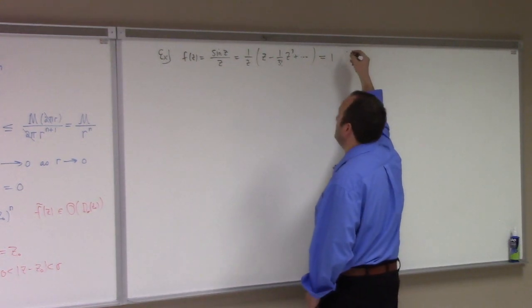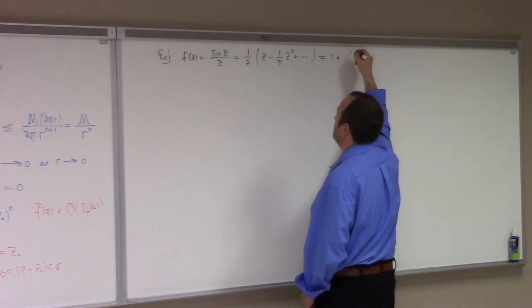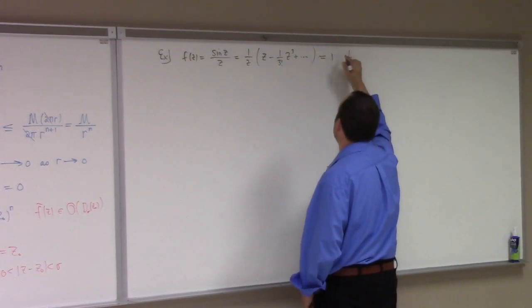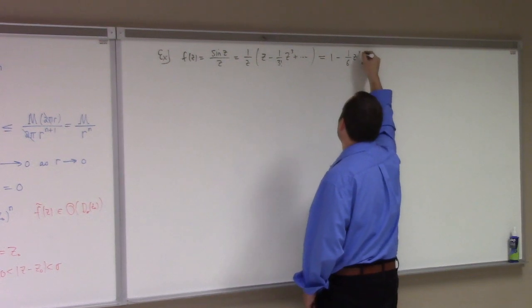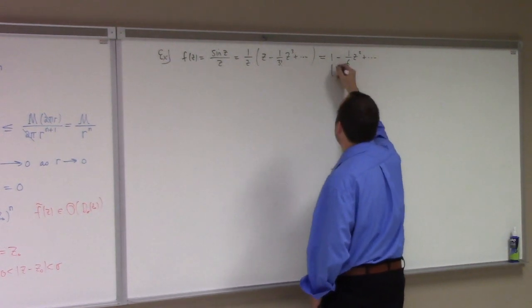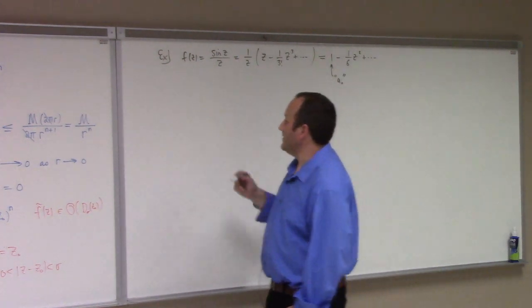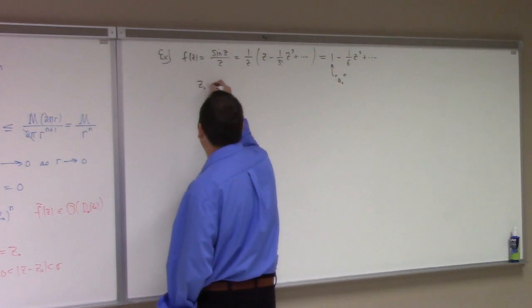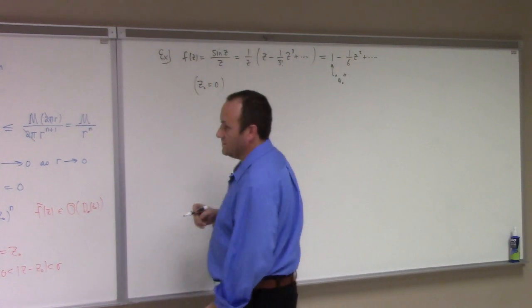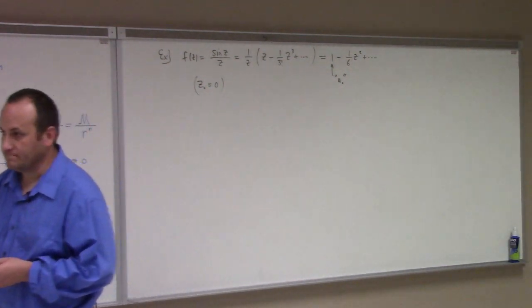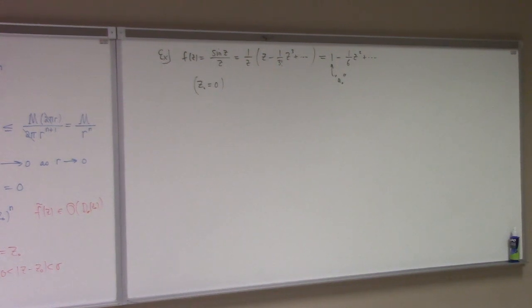You get 1 minus 1/6 z squared plus da da da da. This would be the a sub 0. And here my z naught is 0 in this example. Okay? So that's the removable singularity.